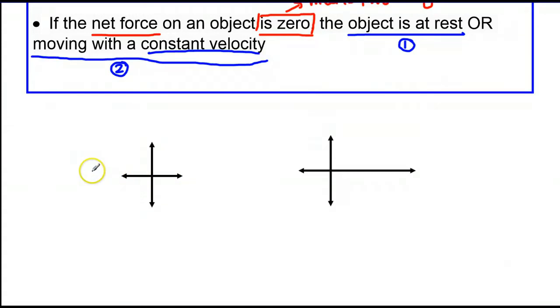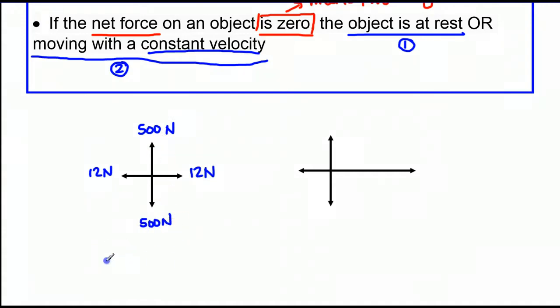So this could be something like, let's say this is 12 newtons to the left. If this line is the same, we can assume pretty much that this is also 12 newtons to the right. Okay, and let's say this was 500 newtons up. These are balanced, so you can probably say it's 500 newtons down.